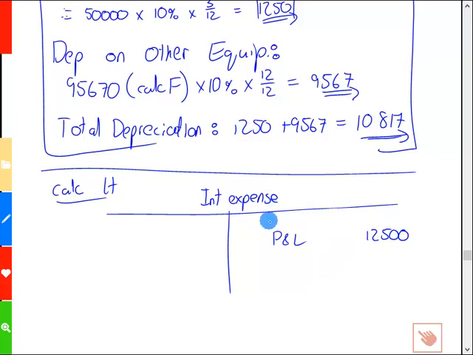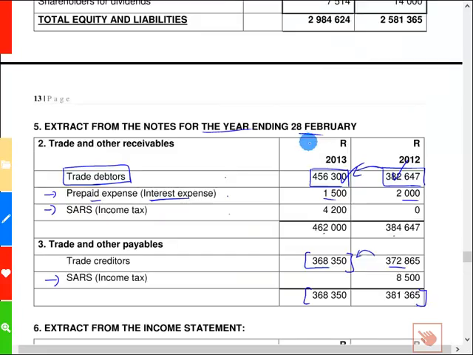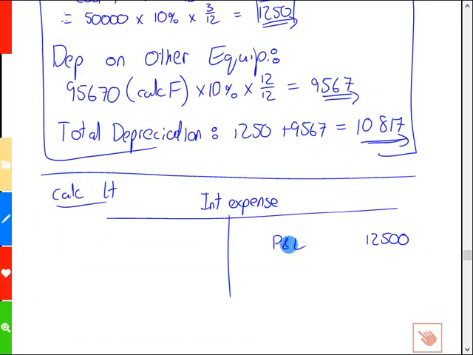We know we also had prepaid expenses, so we can tick off that one. Prepaid interest expense of 2,000 Rand at the end of last year and 1,500 at the end of this year. Okay, so if we've prepaid an expense, that means we actually paid too much. So at the end of this year, we had prepaid expense of 1,500, and at the end of last year, we had a prepaid expense of 2,000 Rand.